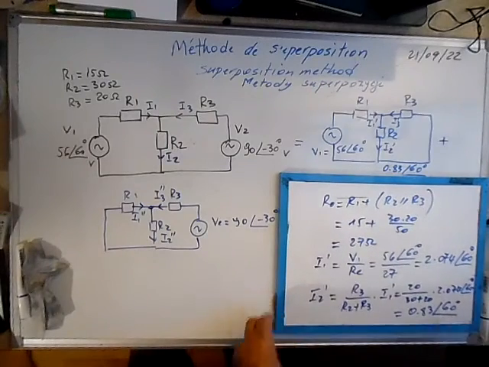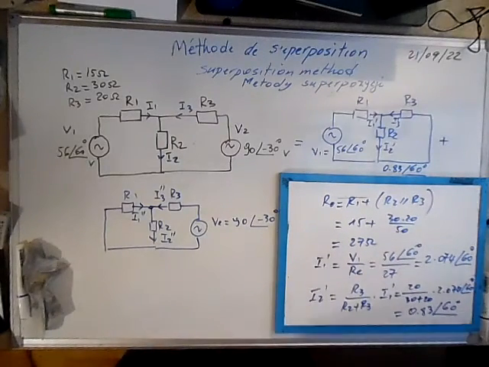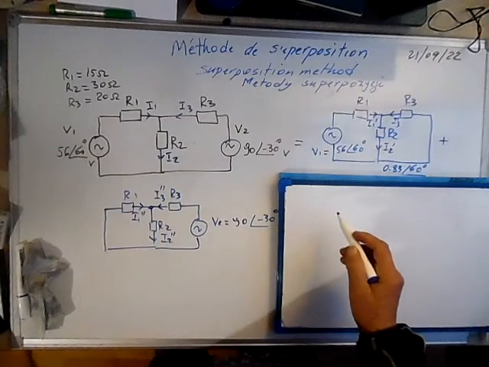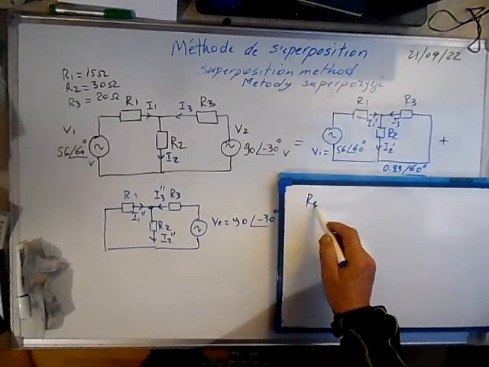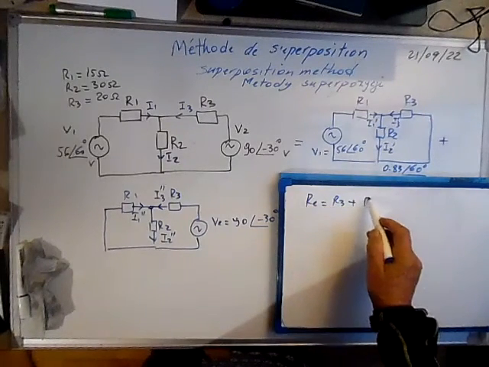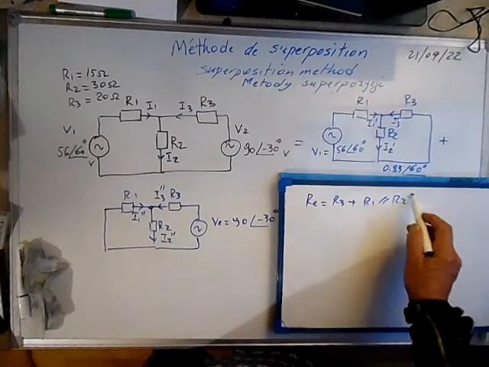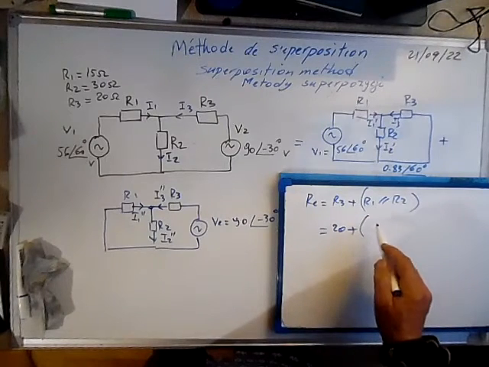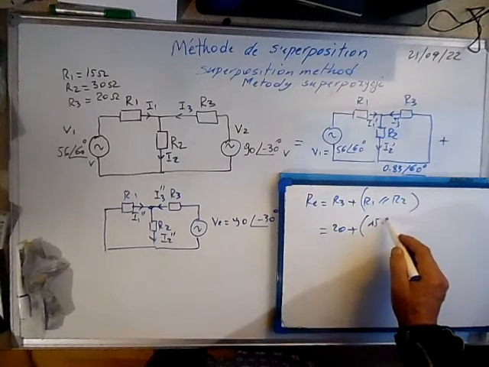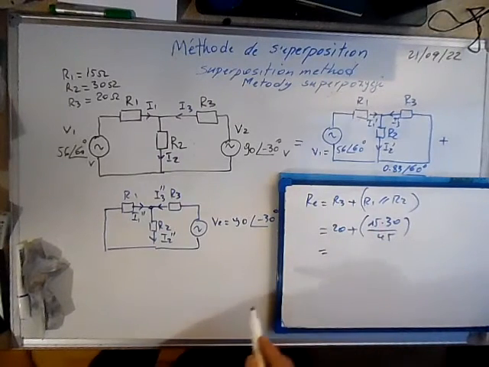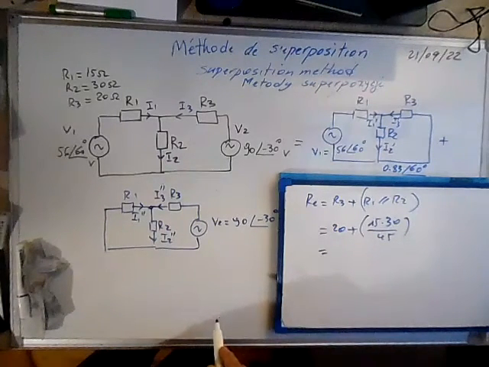Now we go back to the second circuit, which is here. Same thing: we calculate the equivalent resistance, which is equal to R3 plus R1 in parallel with R2. So R3, which is 20, plus R1 times R2, 15 times 30 over 45, and the equivalent resistance is 30 ohms.